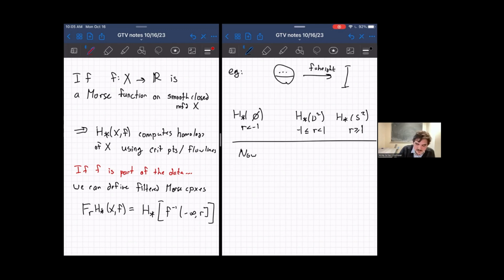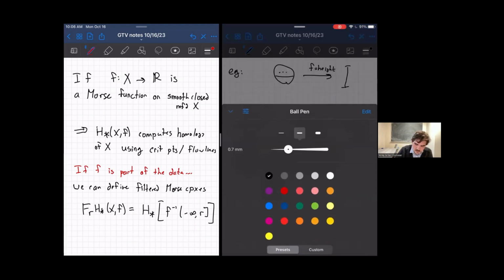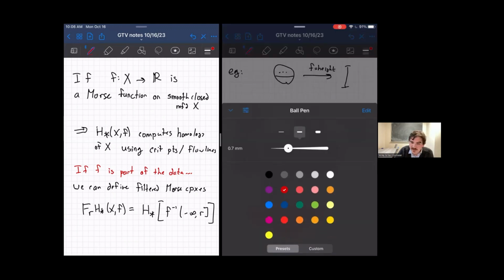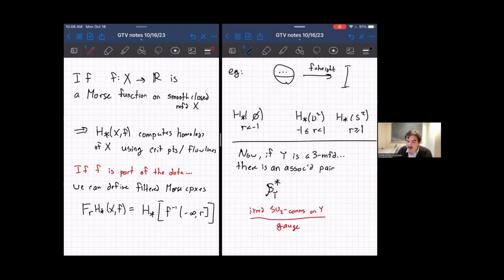The relevance to us is if I take a closed oriented three manifold Y, then we get a canonical smooth manifold: the infinite dimensional space of irreducible SU2 connections on Y up to gauge transformations.